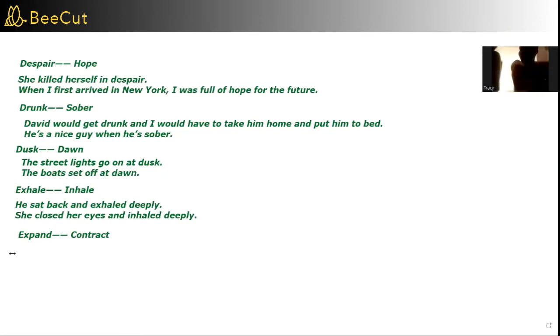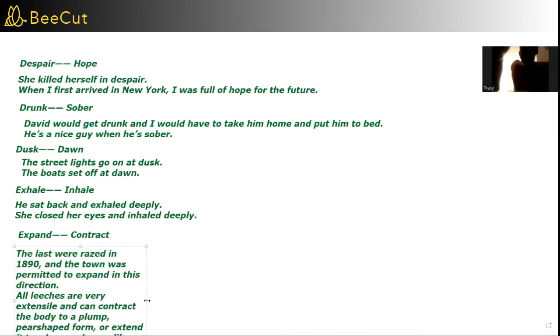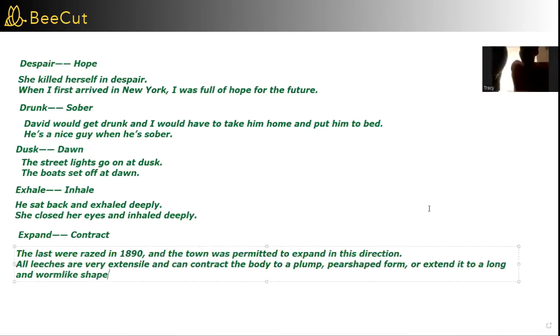The town was permitted to expand in this direction. Leeches are very extensive and can contract the body to a thumb, pear-shaped form, or extend it to a long and worm-like shape. So that is using expand and contract in a sentence.